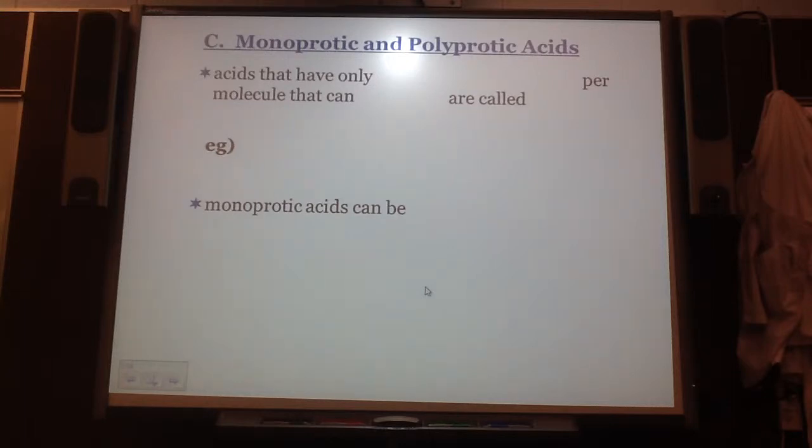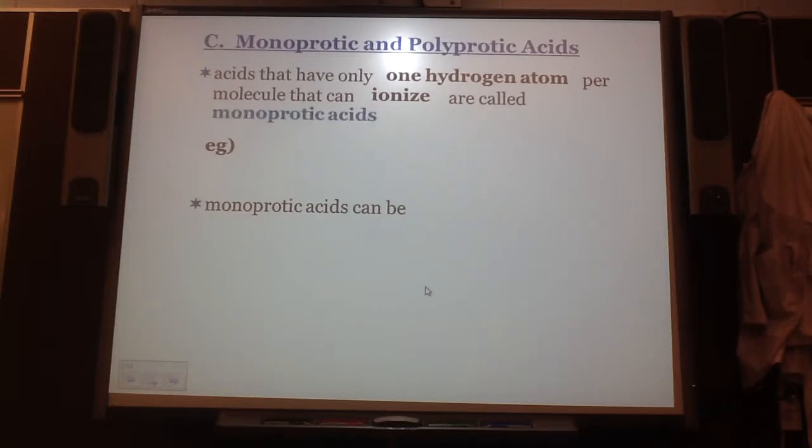Acids that have only one hydrogen atom per molecule that can ionize, right? Because some can't, like CH3COOH, only one H will ionize, even though it has other H's in it. So it only has one H that can ionize.